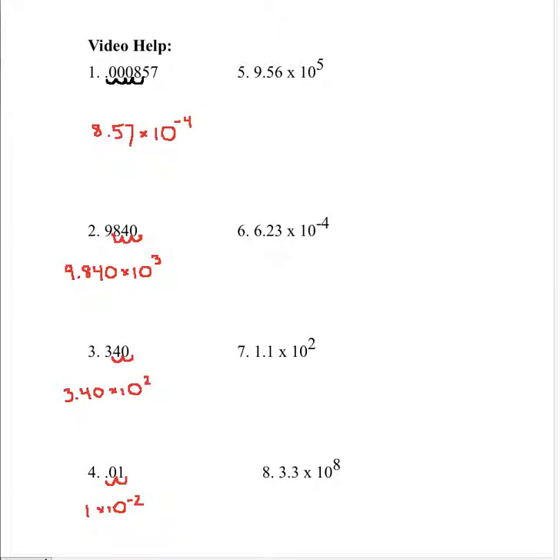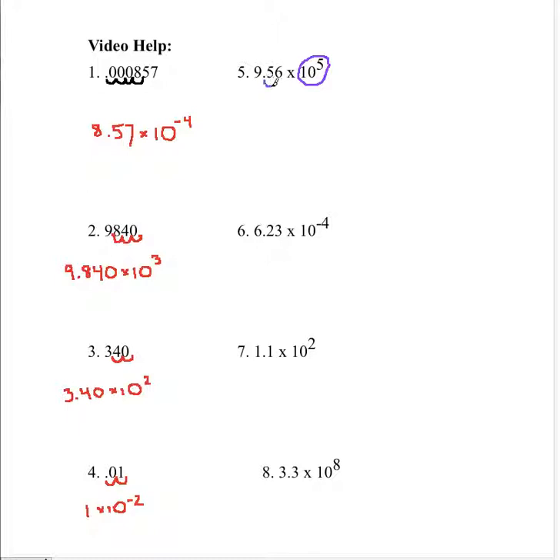Next, I'm going to take numbers that are in scientific notation and convert them into standard notation. Since this is 10 to the 5th, I need to take my coefficient, which is here, and move my decimal place 5 places. Since this is 10 to the 5th, I need to make this number bigger. So I'm going to move my decimal place to the right in order to make the number bigger, and I'm going to move it 5 places.